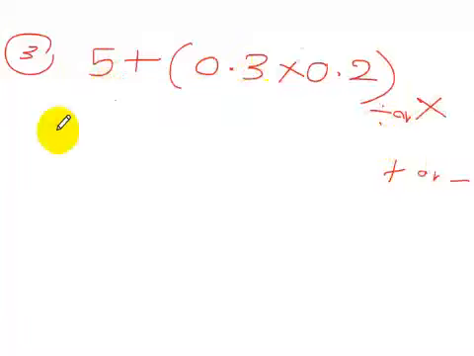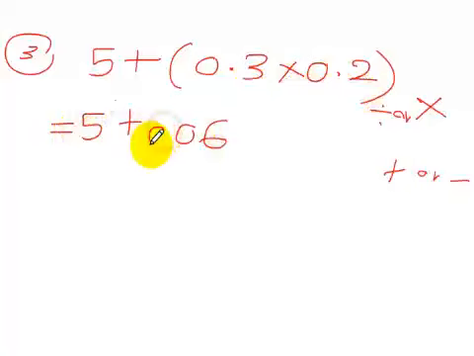So how do we simplify the multiplication part? 3 into 2, 6. Here 2 decimals, 1, 2. Here also you should put 2 decimals, right? You can add some zeros to the front of the number, not this side. After the number you can't add 0, but before the number you can add 0.